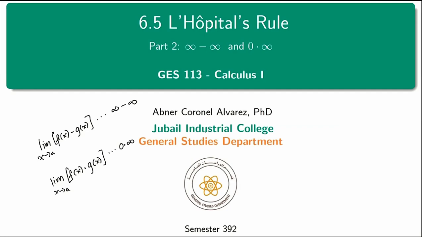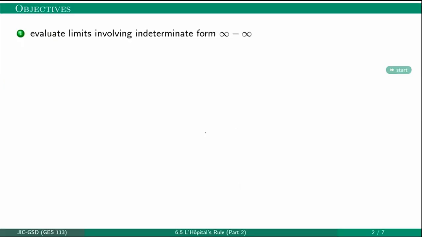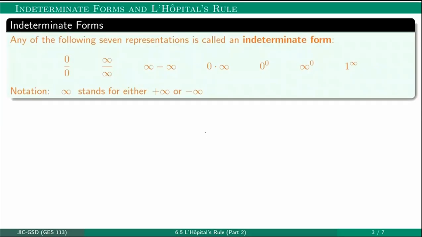Now, in this second episode on the L'Hopital's rule, we are going to evaluate limits involving the indeterminate form infinity minus infinity, and at the same time limits involving the indeterminate form 0 multiplied by infinity.